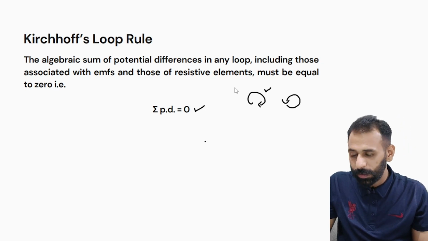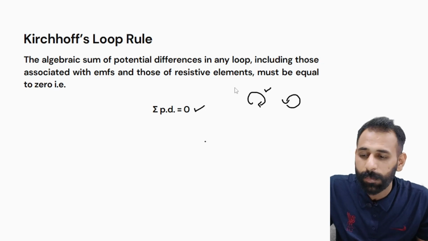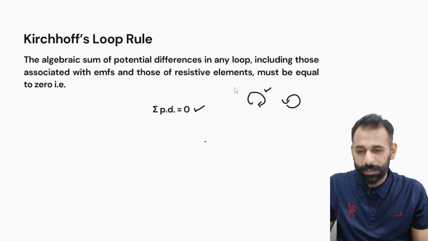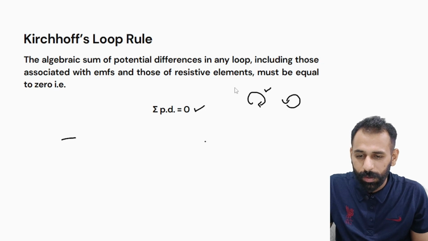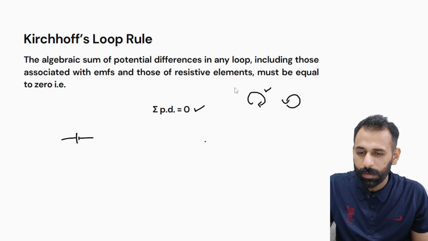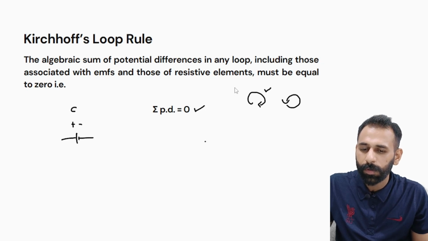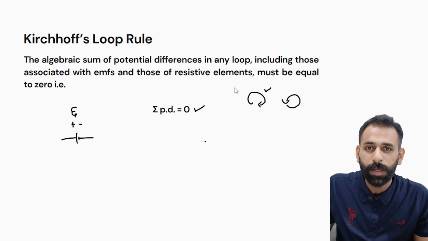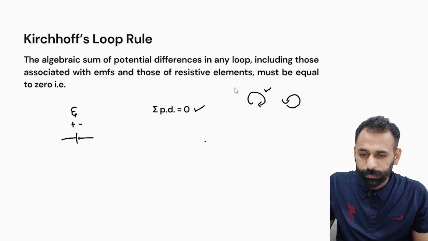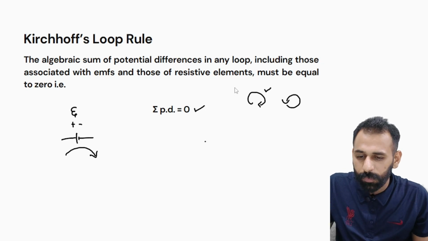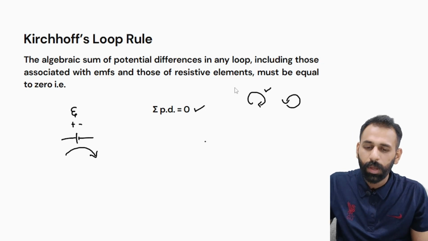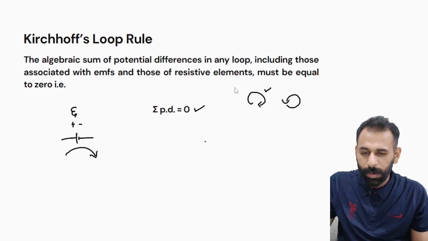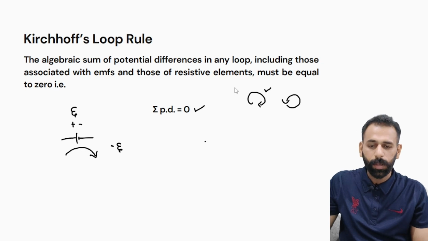But there are a few rules which you should all keep in mind. For example, if a cell is given like this, here is the positive terminal of the cell and here is the negative, and the EMF corresponding to this is E. As I mentioned, I will consider only the clockwise loop in our circuits, so that is toward this side. The rule is that if we are going from the positive to the negative terminal, we will consider its EMF as minus E in the circuit.